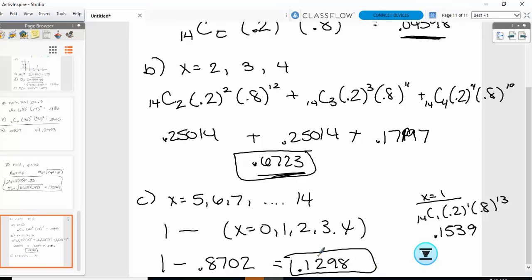And we get 0.1298. So different approaches. I just usually look for the shortest thing to calculate. Since I'd already found most of those, it was just one more calculation, subtracting them all off.